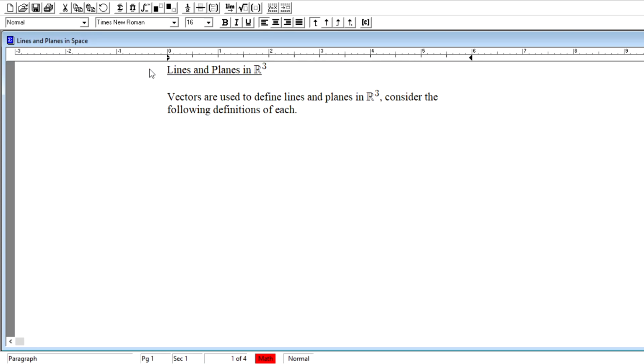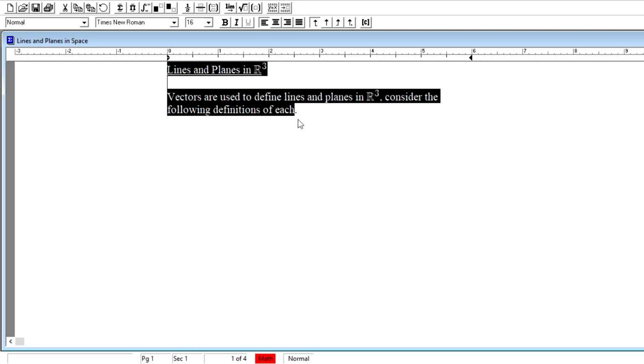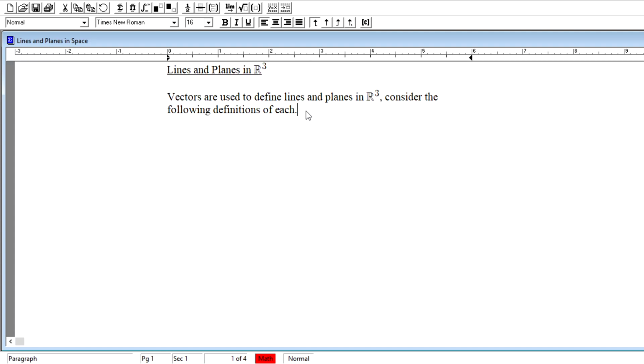In this video, as you can note here, we are going to continue our study of vectors, where we point out in this section of material that vectors can be used to define lines and planes in three-dimensional space.